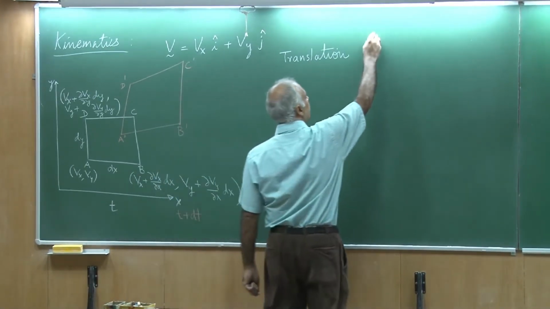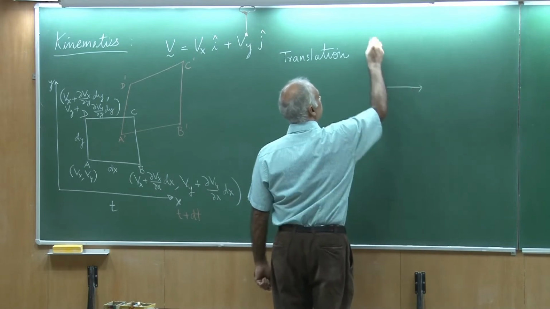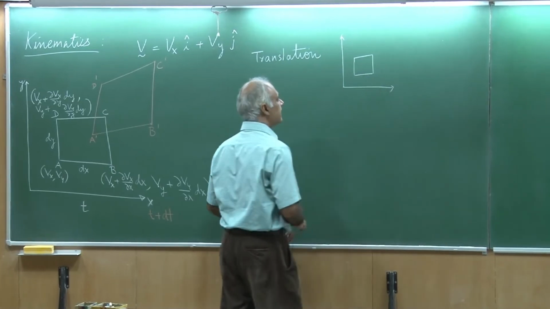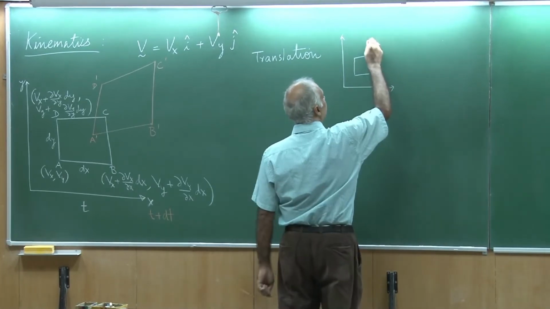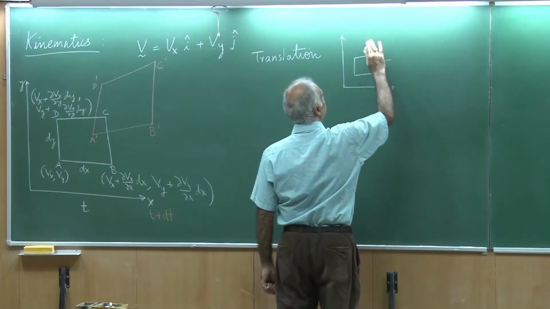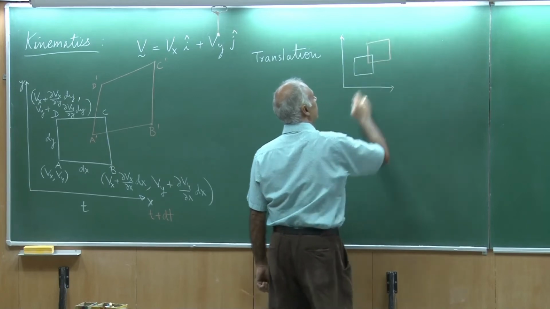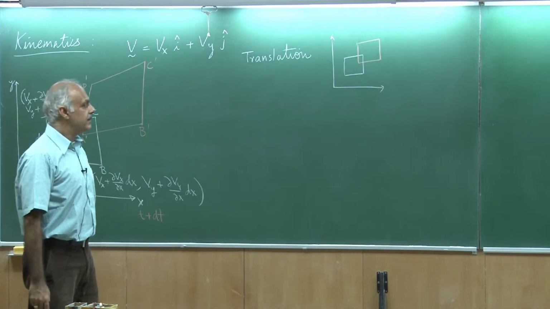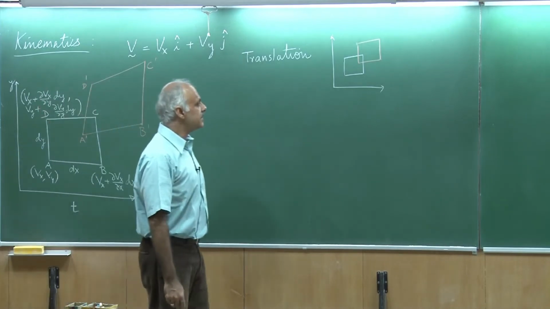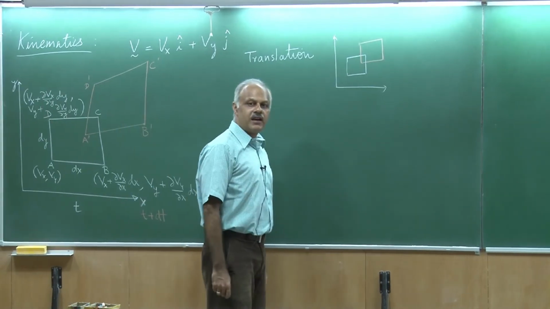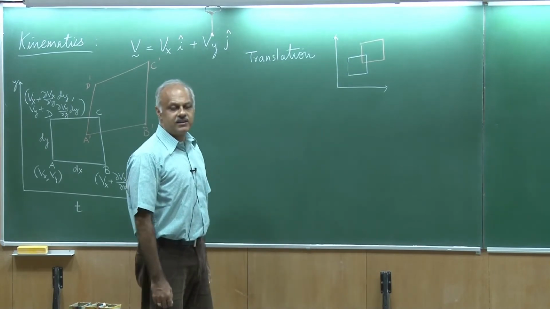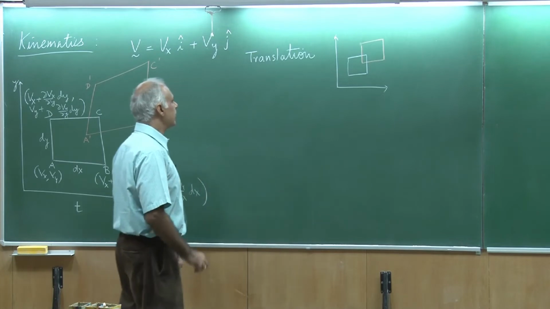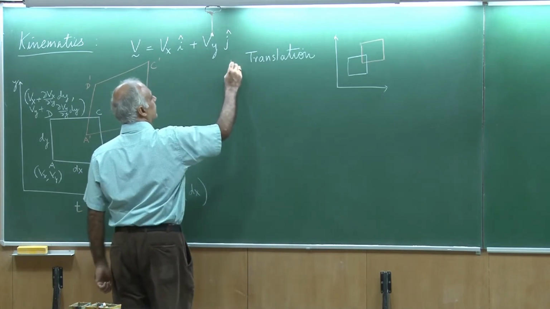Translation is simply that if I had an element like this, then it gets convected to a different position, but does not change its shape. This would happen, as you will notice, if Vx and Vy are uniform. They do not change with space. Okay, so that is one.